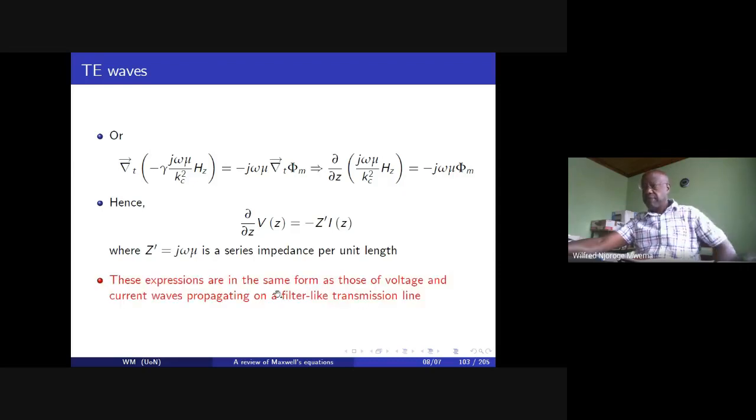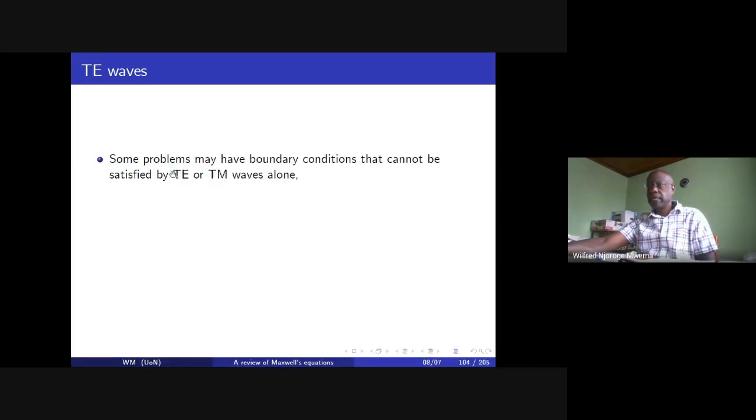And therefore, if we look at this, we see that the voltage and current waves will be propagating again on a transmission line, a filter-like transmission line.